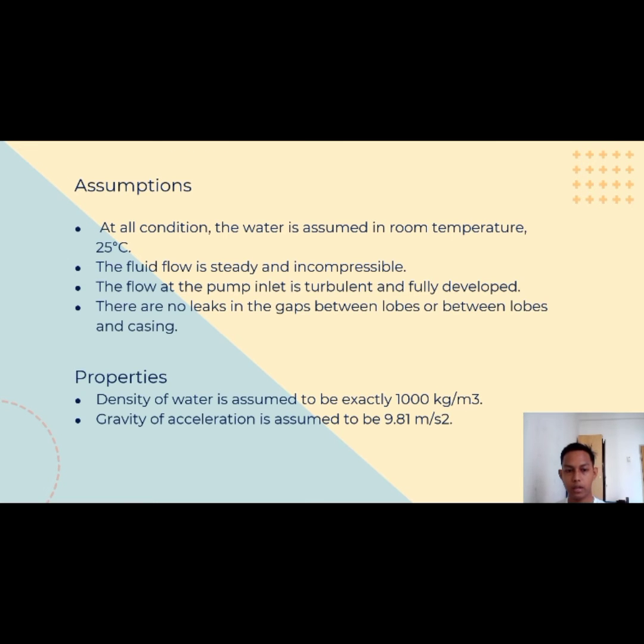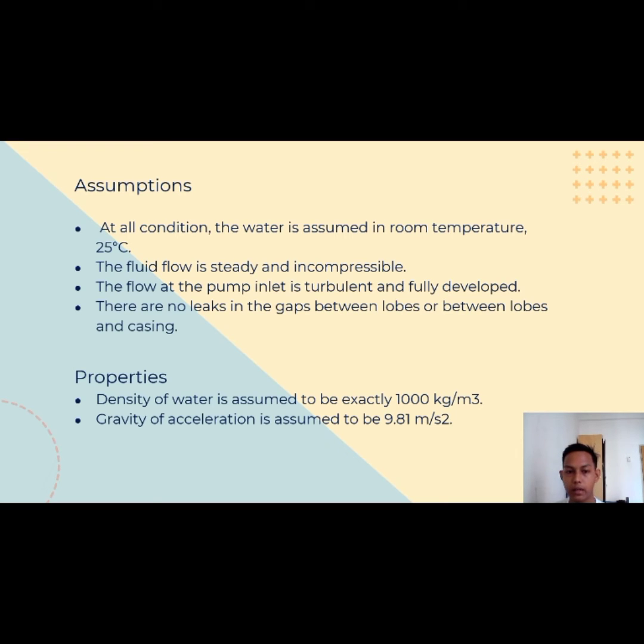So here we have assumptions and properties. We have 4 assumptions. The first one is that at all conditions, the water will be assumed to be at room temperature, which is 25 degrees Celsius. The second one, the fluid flow is steady and incompressible. The third one, the flow at the pump inlet is turbulent and fully developed.